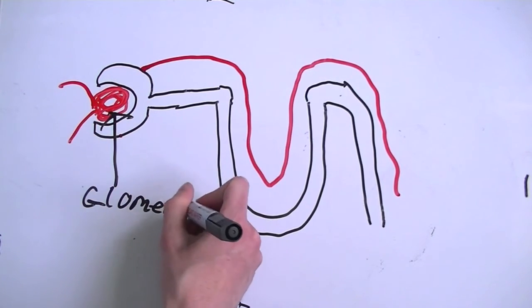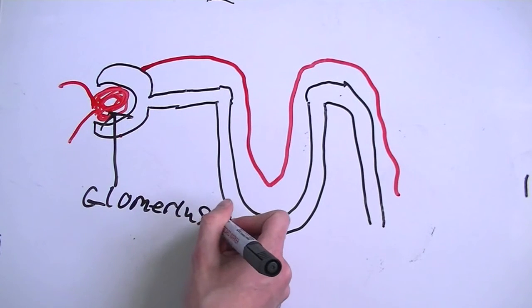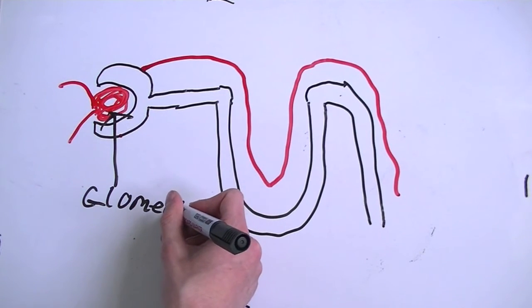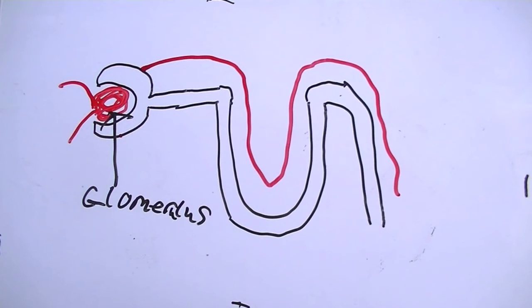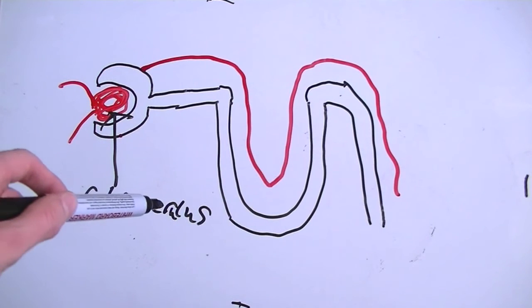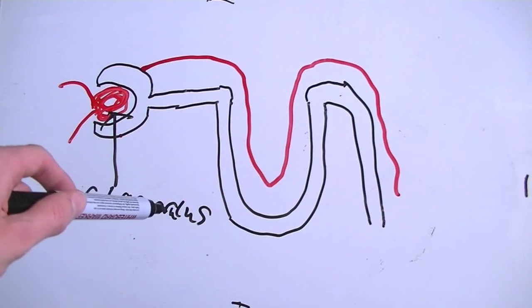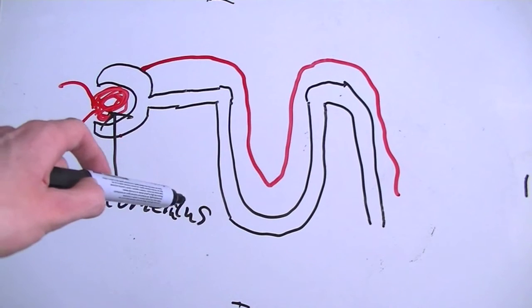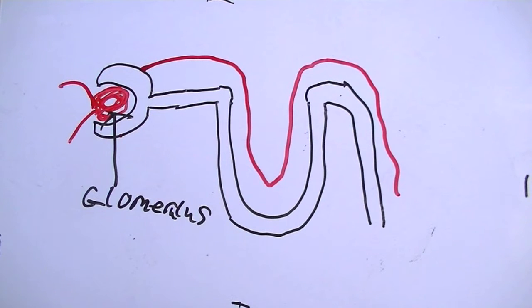It's spelt like this. I apologise for my handwriting. Sorry. It's spelt like that. That's a U there, by the way, sorry. G-L-O-M-E-R-U-L-U-S. Okay? And that's the glomerulus.